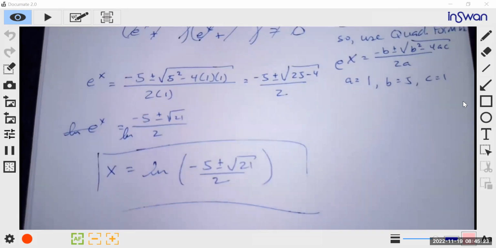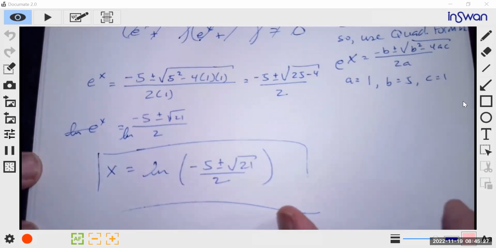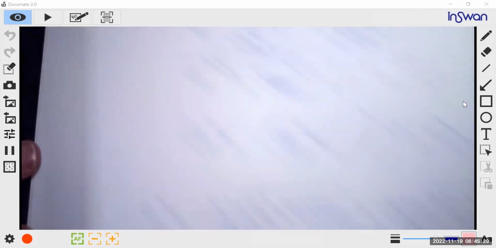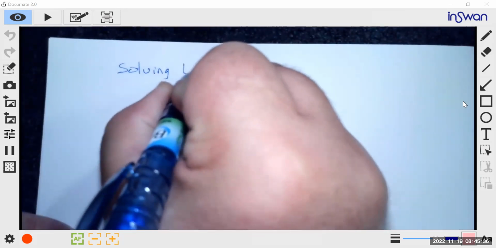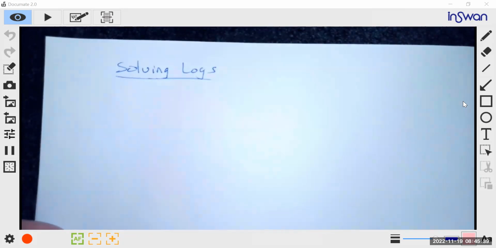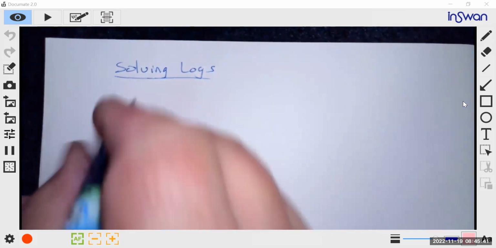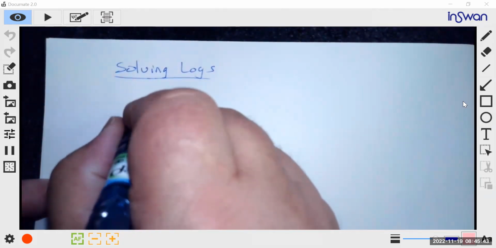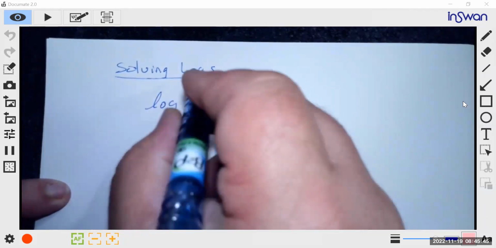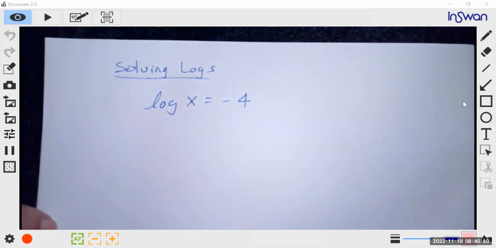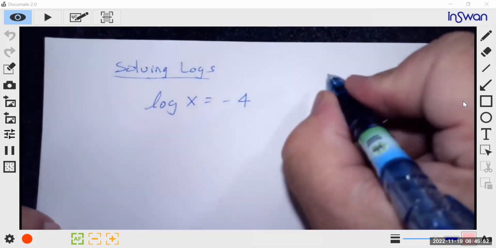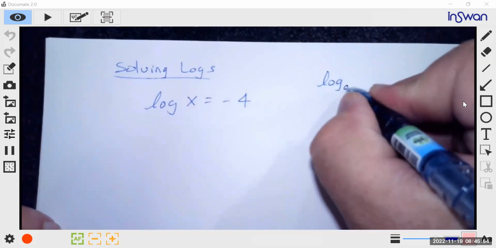So, all right. Let's move on to exponential equations. I mean, logarithmic equations. Solving logs. Log of x equals -4. Remember the conversion.